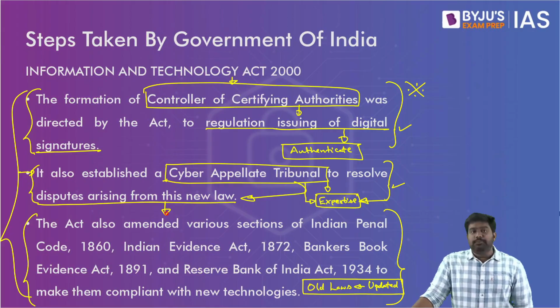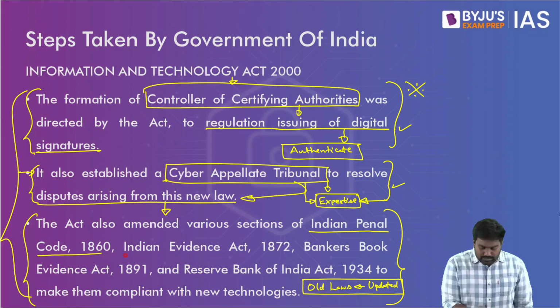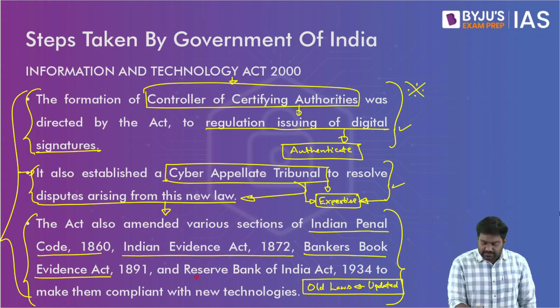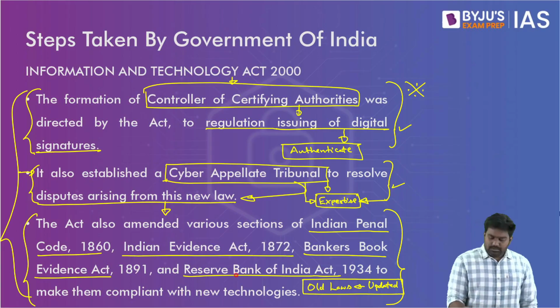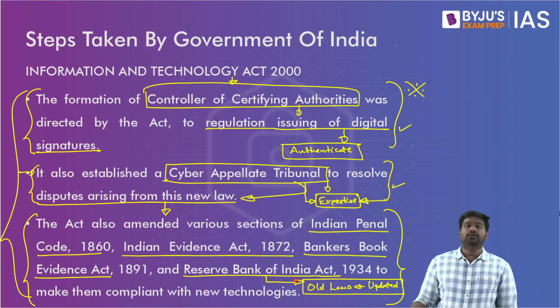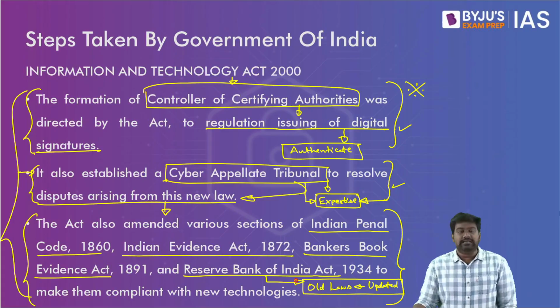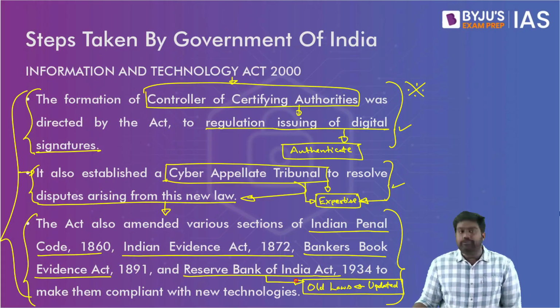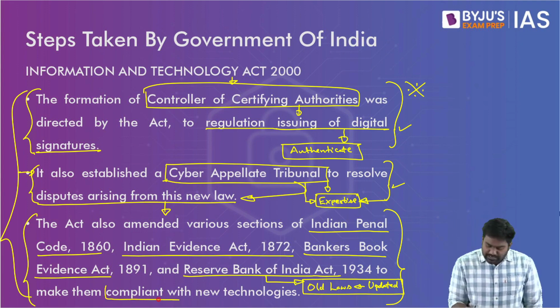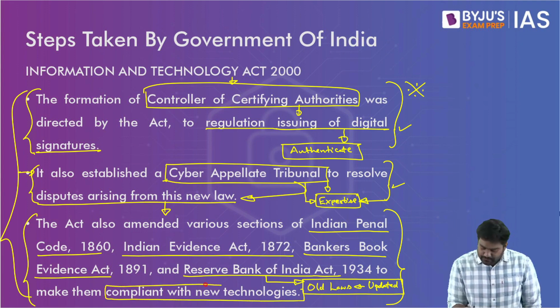For all these purposes, old laws like the Indian Penal Code, the Indian Evidence Act, the Bankers' Books Evidence Act, the Reserve Bank of India Act, and many other old laws, especially of colonial origin and from before the 1990s, which didn't account for the technology, were all amended through the IT Act. They were made compliant with new technologies.